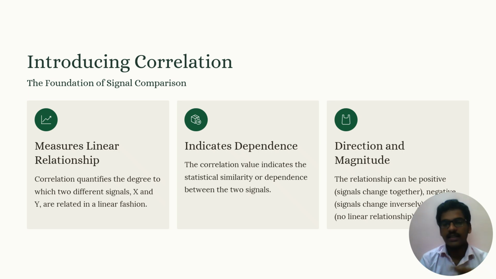If one signal increases and the other decreases, the correlation is negative. When there is no linear dependency between the two signals, the correlation is close to zero. So this representation helps us understand how two processes influence each other statistically.